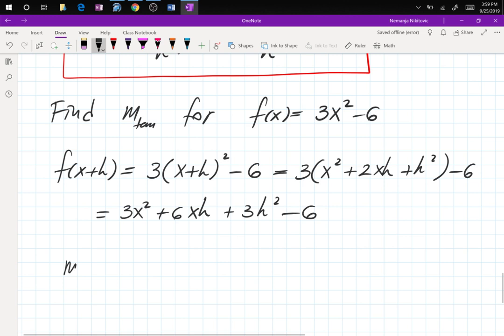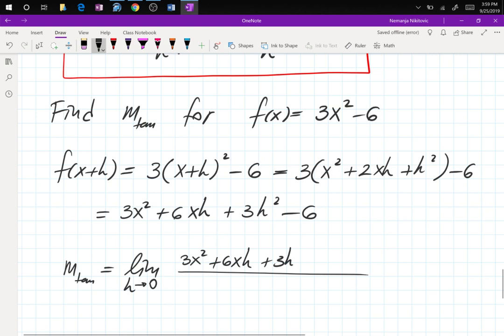So, the slope of the tangent line is going to be the limit as h goes to 0. And now I have my f of x plus h, which is 3x squared plus 6xh plus 3h squared minus 6, minus the original f of x, which is 3x squared minus 6, divided by h.